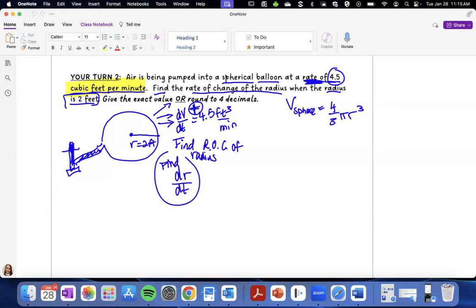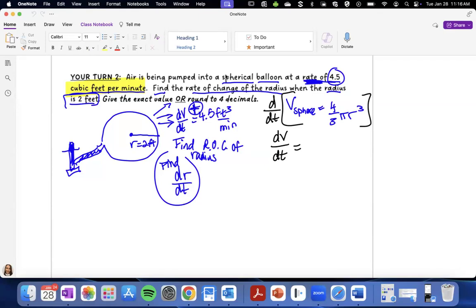The next thing we're going to do is take our equation, volume of a sphere, and take the derivative with respect to time. There's no product rule, so we just derive dV over dt. Great question: do I simplify and put the 2 in right now? The r is not a constant, it's a differential, so I'm not going to plug that in until I take my derivative, because I need my dr over dt.